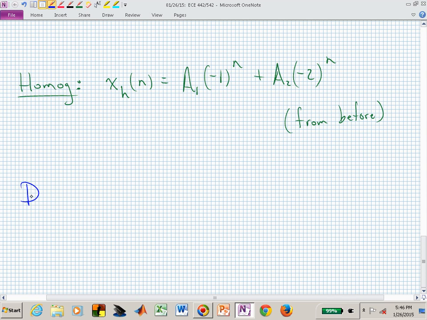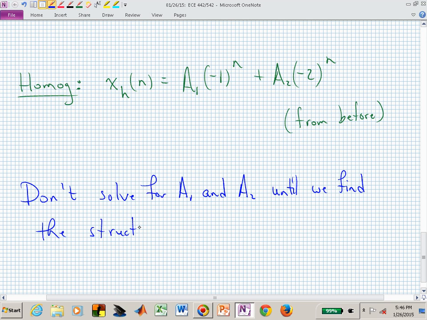Let me just make that clear. Don't solve for a sub 1 and a sub 2 until we find the structure of the complete or total solution.